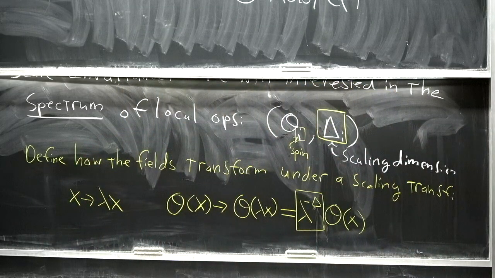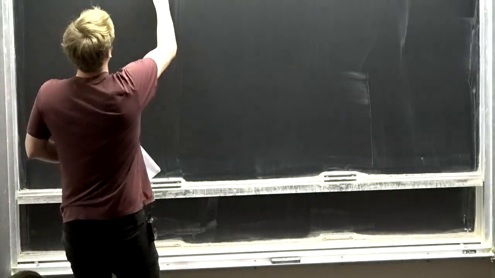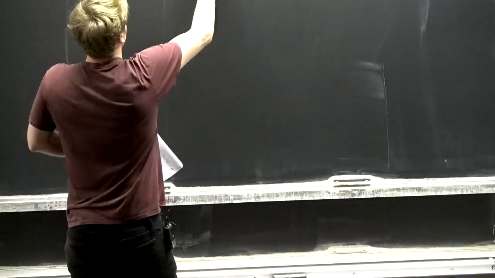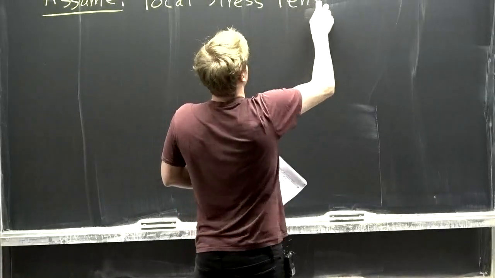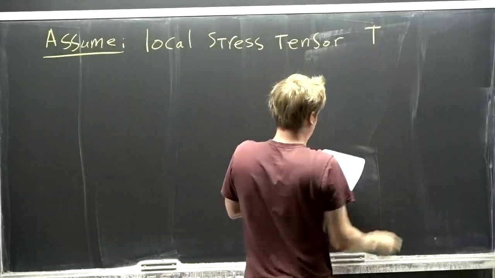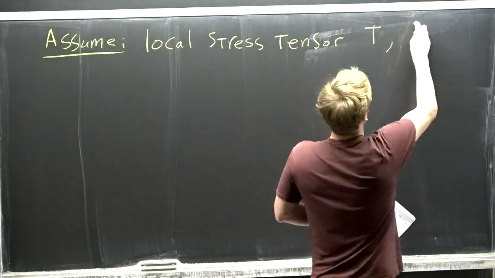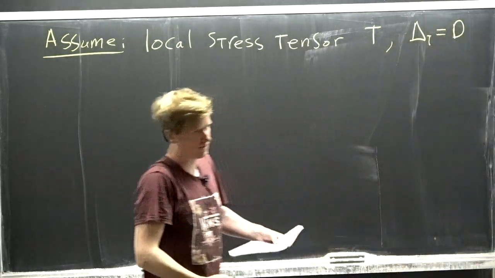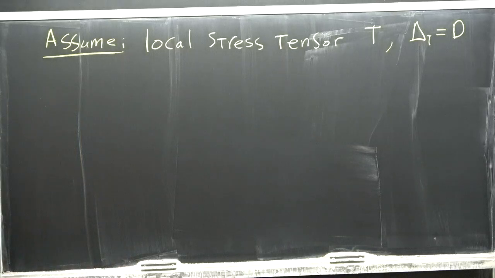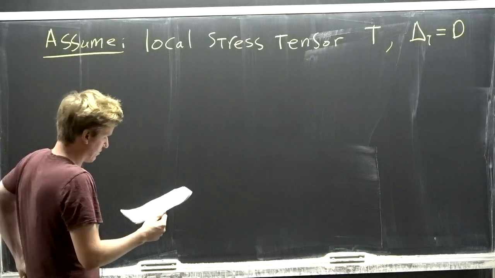The other thing we will always assume, which we mentioned last time, and these operators will be important in the field theory, is that we always have a local stress tensor, which I'll call T. We said last time that the scaling dimension of this is always D. So when D equals 4, the dimension of the stress tensor is 4.